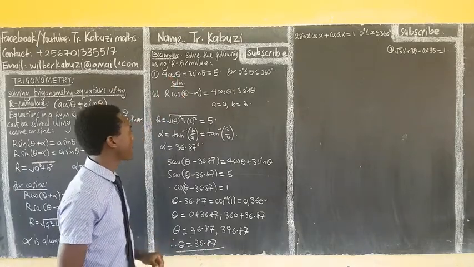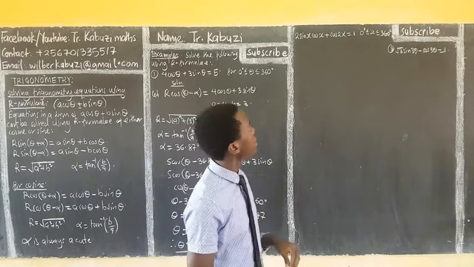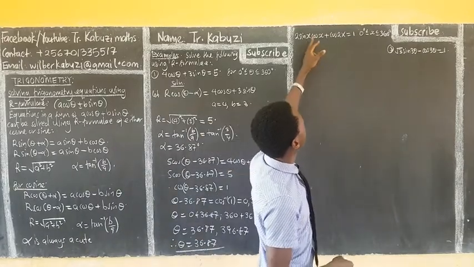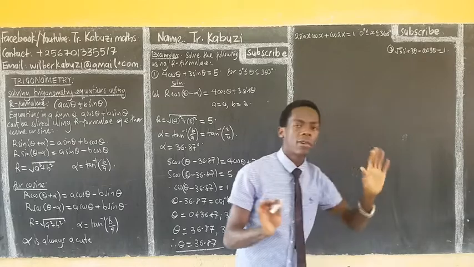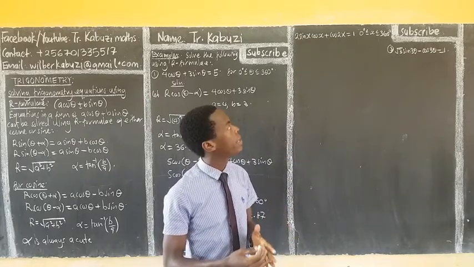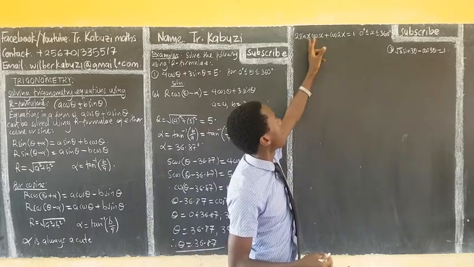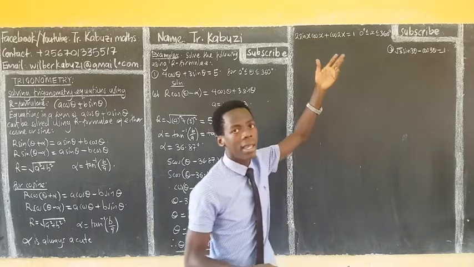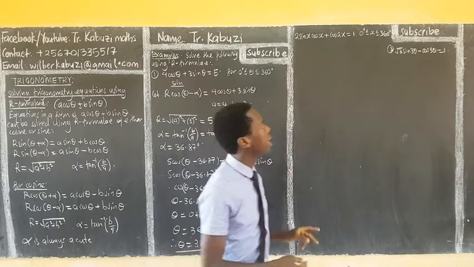As simple as that. Now let us come to this one. You see here, the angle is x and this is 2x, so the angles are not the same. So our task is now to first convert them to the same angle. I can easily use the double angle for sine.